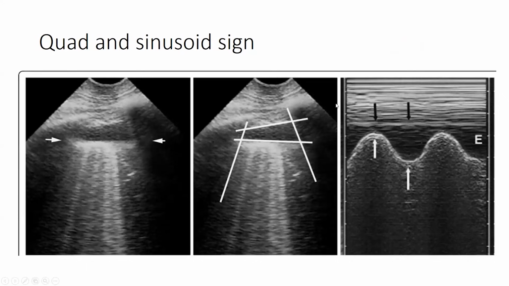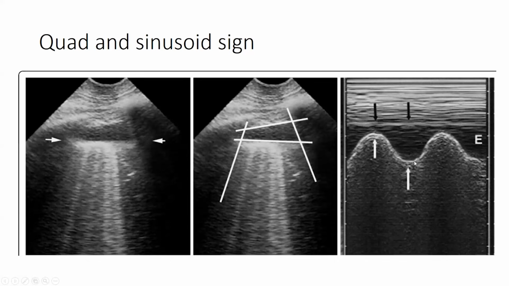When you put this B mode into M mode, what we can see is the typical stratosphere sign of the barcode upwards, and then the sliding lung and the visceral pleura making a sinusoid kind of picture because there is fluid over here. Lung moving, fluid over here, and the barcode here give you a typical sine wave pattern of the sinusoid sign.